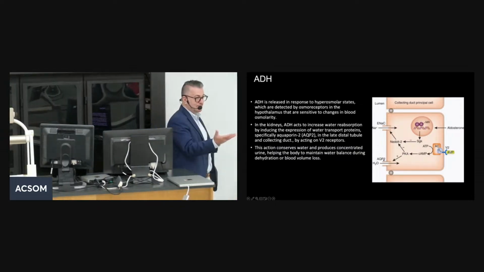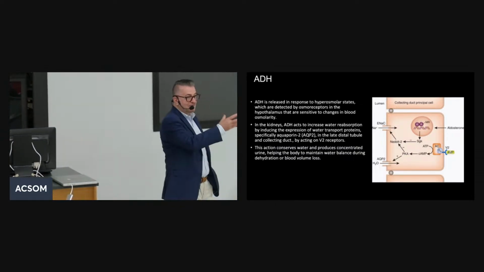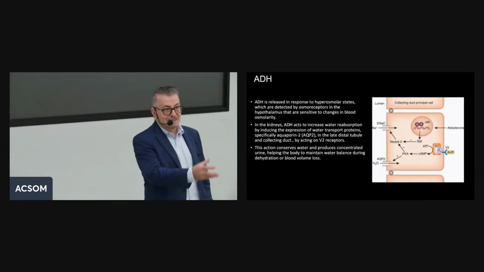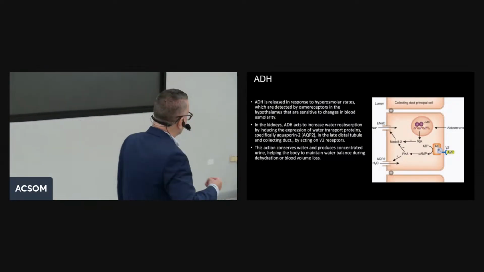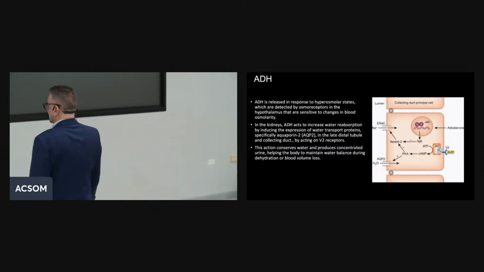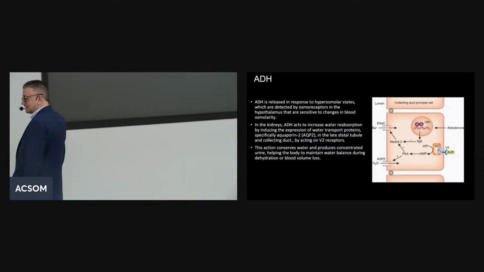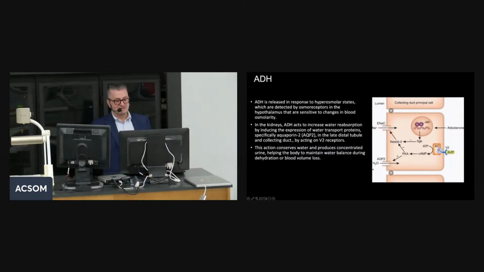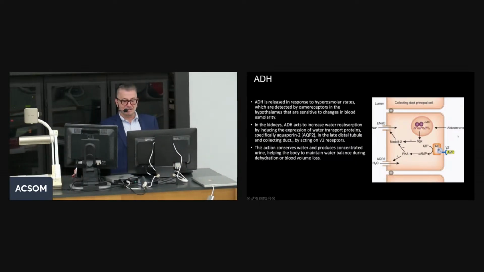Aquaporin is water, obviously. These channels get activated and reabsorb water from the tubules. So this is the urine here, and this is inside the body. Aldosterone, we talked about yesterday. These aquaporin channels get activated and reabsorb water inside the body.